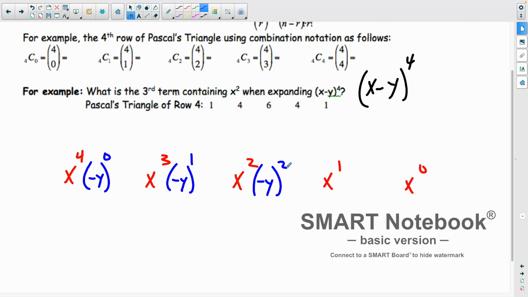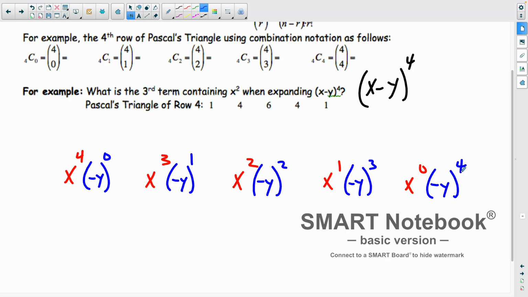We could do that because what do the exponents have to add up to? 4. How am I spending my $4? 2 and 2. Or we could say negative y to the 3rd or negative y to the 4th. How can you buy negative? It's just the item, whatever it is. You can't buy a negative y product yet.